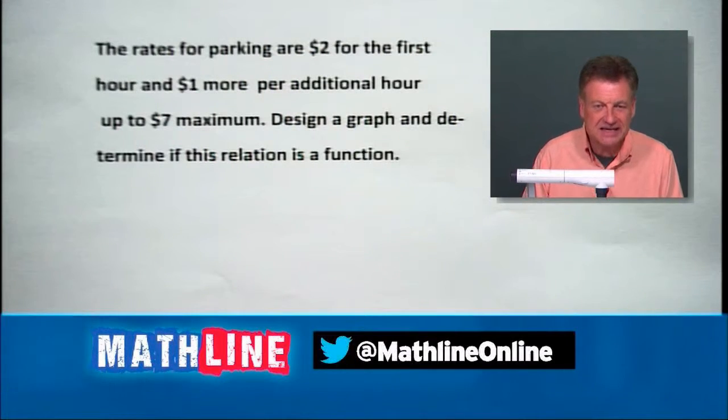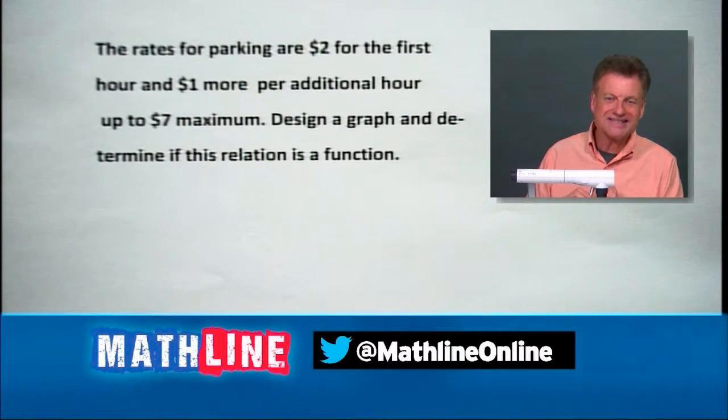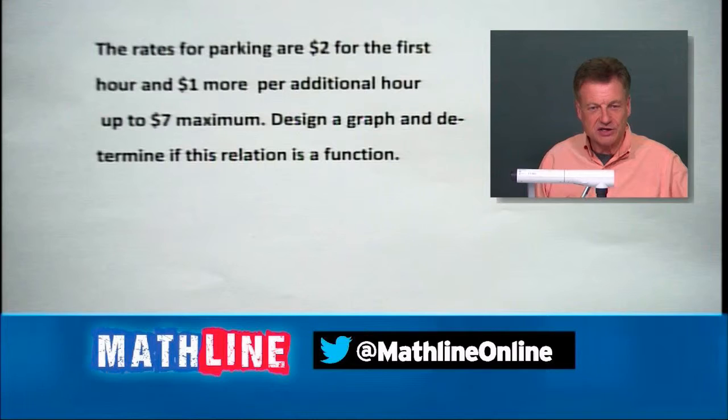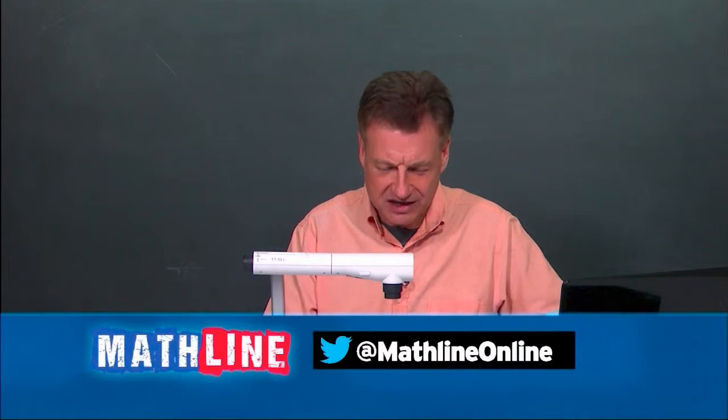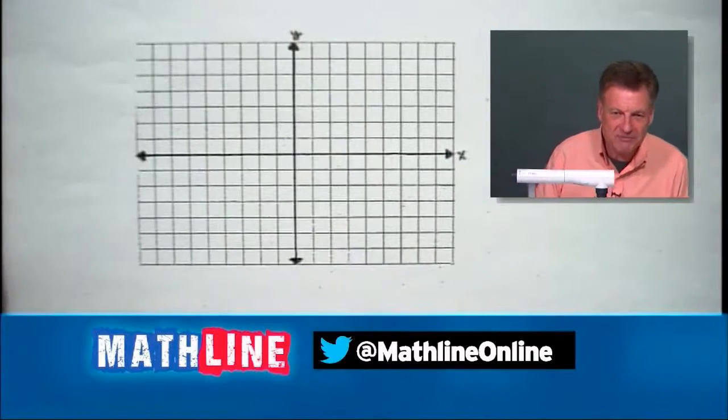So let's see what's going on here. We're going to design a graph, and we're going to determine if this relation is a function, all right? Can you handle that? My goodness, a lot of things there going on in this little problem. So, hey, everybody got the paper ready to go? Let's see what we're going to do. Got some graph paper here.